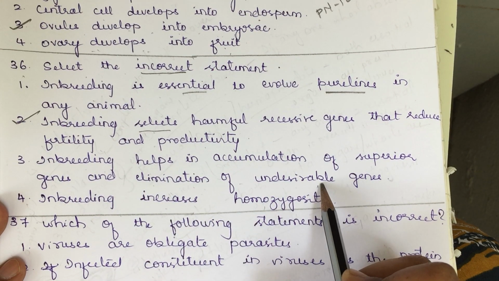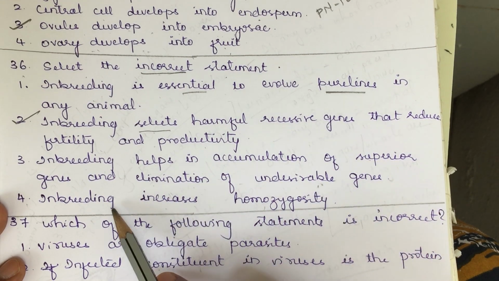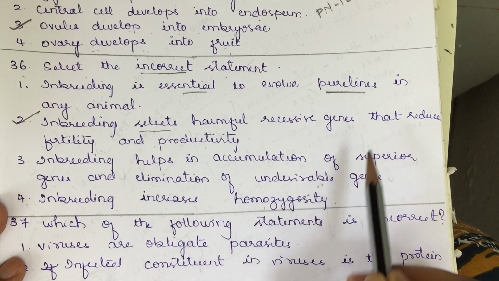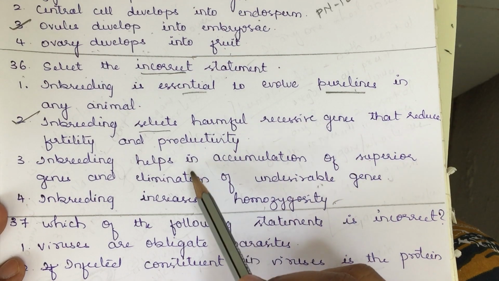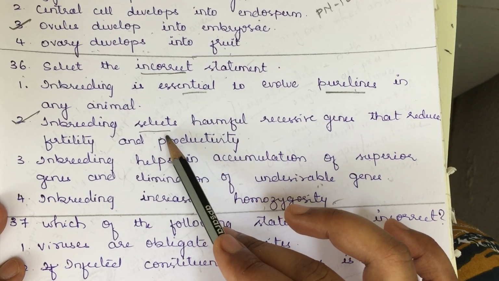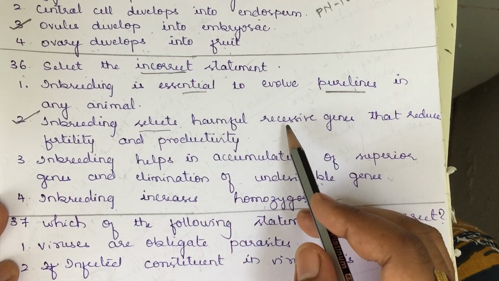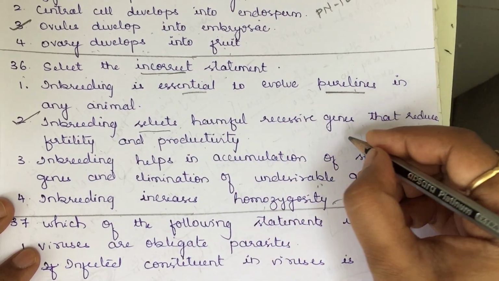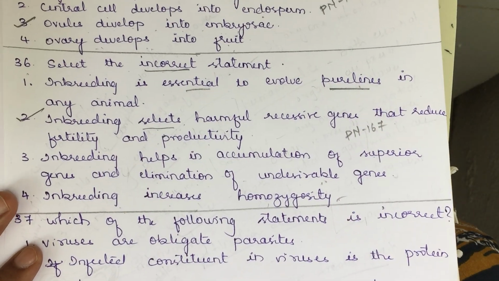Yes, this is correct, so superior genes can be identified and the desirable animals can be inbred. Inbreeding increases homozygosity. When we are talking about pure lines, then homozygosity will be reached. The rest three statements are correct. Only the second statement is wrong. So this is the incorrect statement and the correct answer for this question. This you will get from page number 167 of your second year textbook.